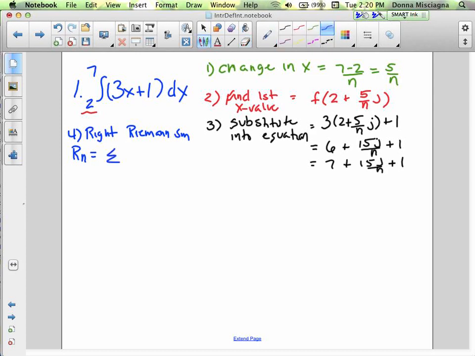That's why when we plugged in x, we didn't plug in a 2, we plugged in a 2 plus 5 over n j. Oops, I added the 6 and 1 together. And don't forget your change in x, so 5 over n goes outside the summation. And then we have the 7 plus 15j over n.